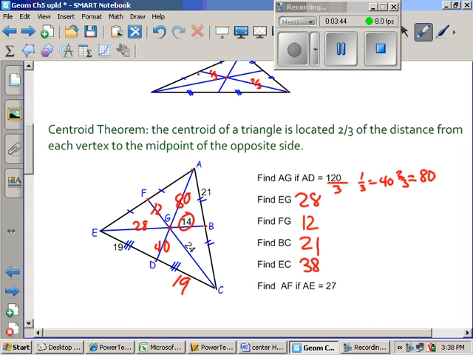And find AF if AE is 27. So AE, the whole thing, is 27. AF would be half of that, so that'd be 13 and a half. And this one, same thing, 13 and a half.